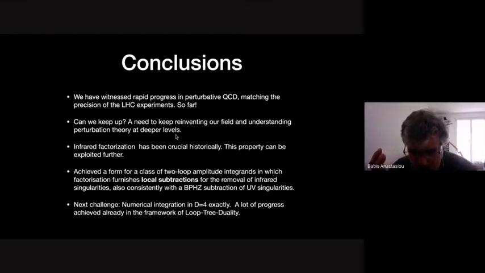And this is the first step and a quite important step in being able to do perturbative calculations in exactly d = 4 dimensions. There has been a lot of progress. We are also thinking about QCD, and we are making a lot of progress as well. So more results will be presented in the future, I hope. And there is also a lot of progress in really taking these finite remainders and computing cross-sections fully numerically.